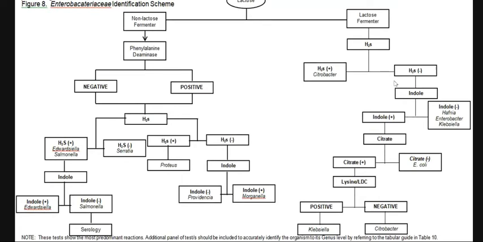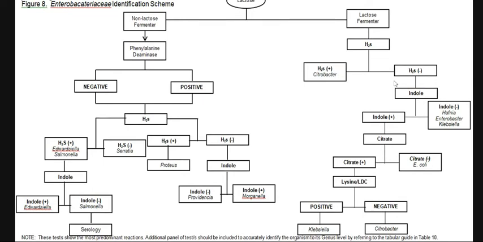You could go directly to the table for Citrobacter for speciation of the organism. Now, if this is negative, you check further the indole. Is it positive or negative? If negative, then it is a different genus: Hafnia, Enterobacter, or Klebsiella.